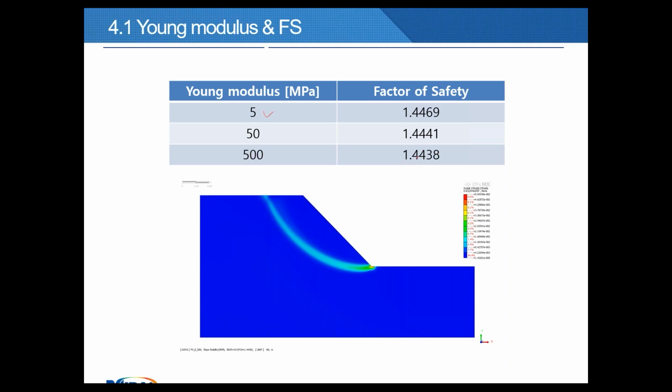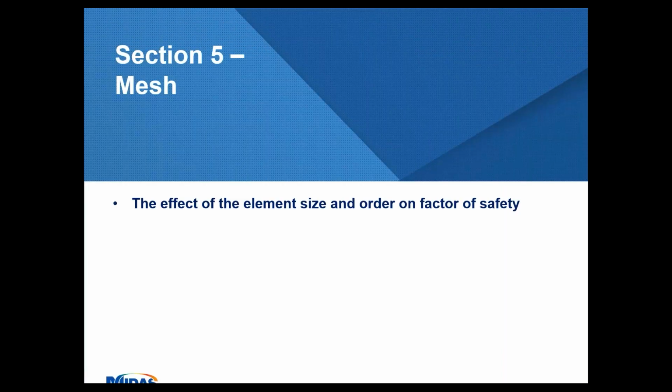So we can see that the influence of Young modulus on factor of safety is very, very small. So if we only calculate factor of safety and we don't need to know the deformation of the model, it is not important to know exactly the Young modulus of the soil.